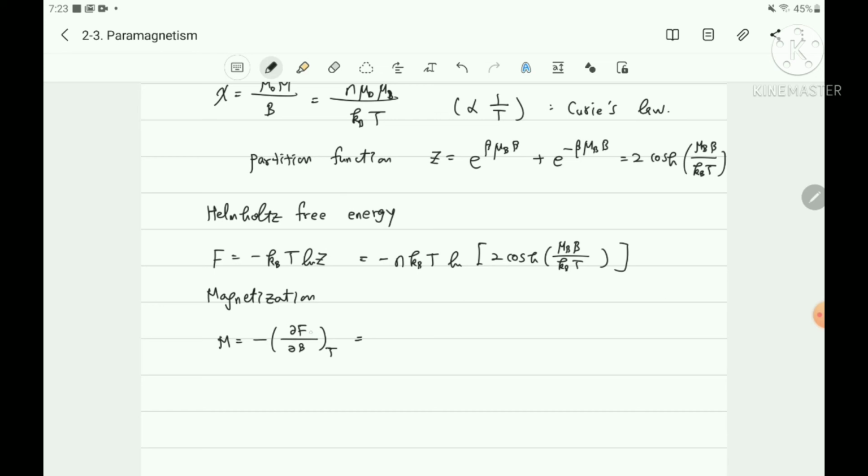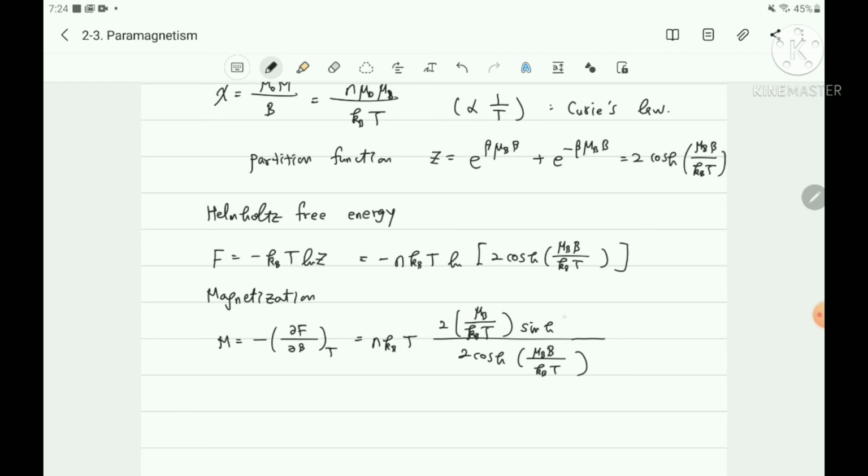Therefore, it is N kBT over 2 cosh of mu B B over kBT, times the derivative, giving sinh of mu B B over kBT.